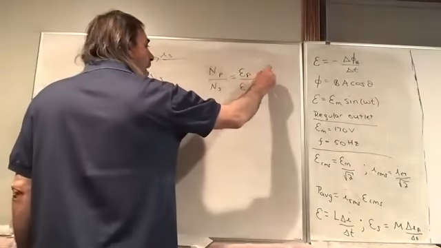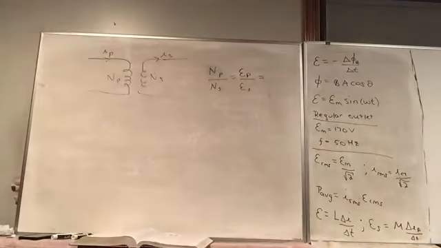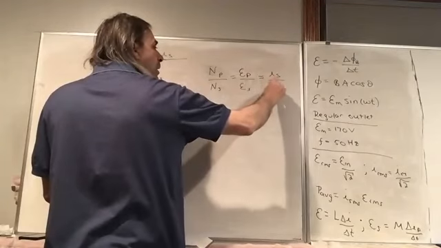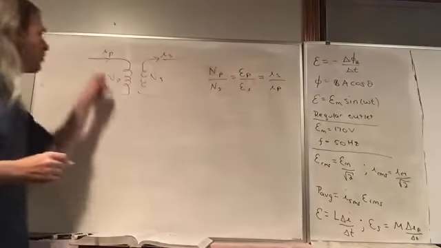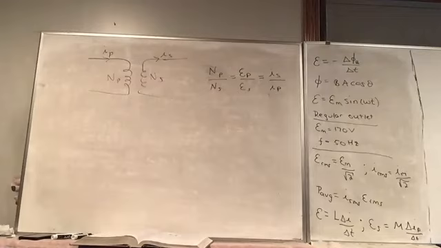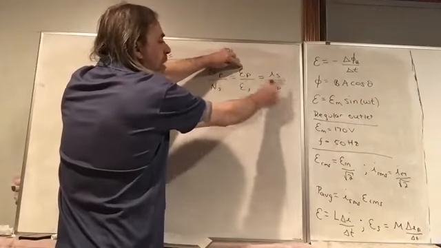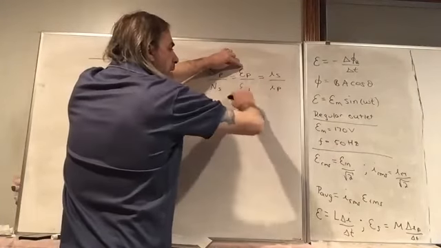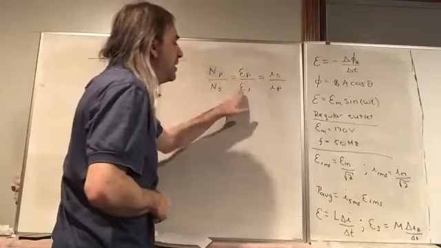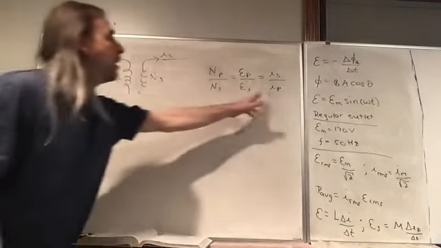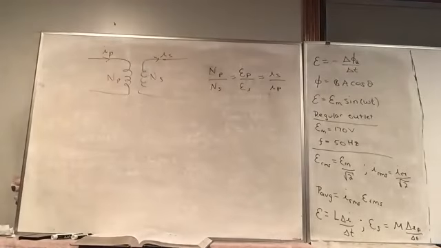Because the power is constant, we're assuming that there's no energy loss going through the transformer, then we have this inverse relation in the actual currents, because the power is the current times the voltage. So if we cross multiply, the EMF in the primary times the current in the primary would be the EMF in the secondary times the current in the secondary. Basically, that last equation is just saying that there's no power lost.